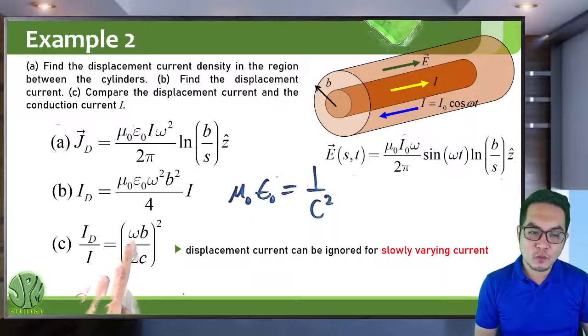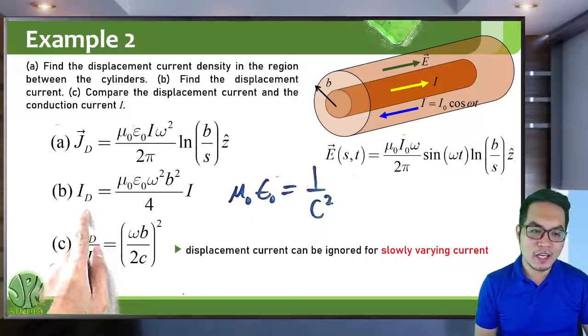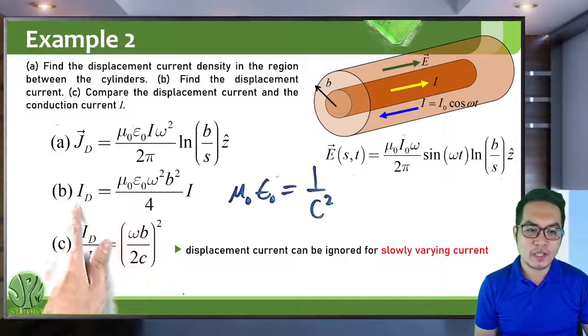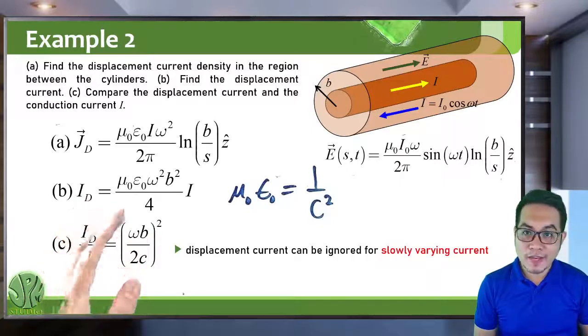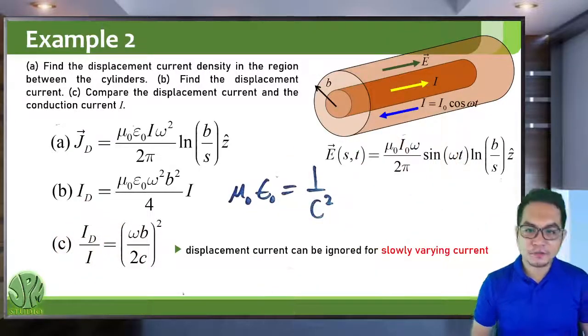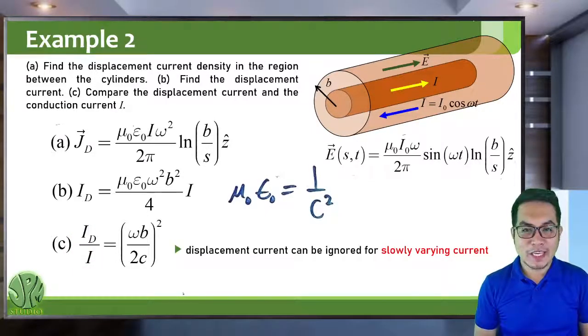If you have a small omega, you have a small ratio, so you can just neglect your displacement current. But if you have a fast varying current, then that's when the displacement current can no longer be ignored or negligible.